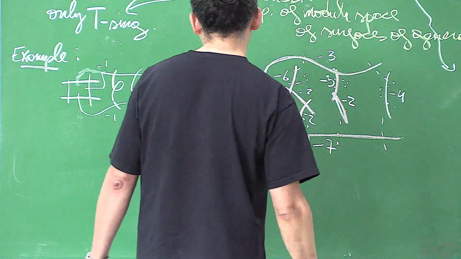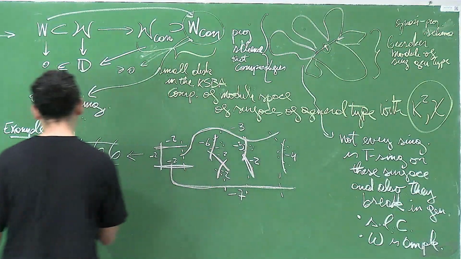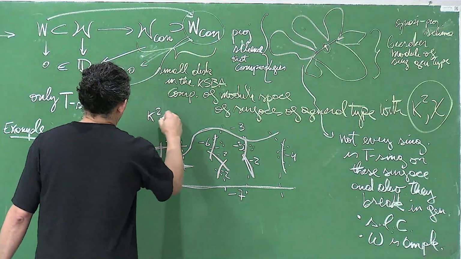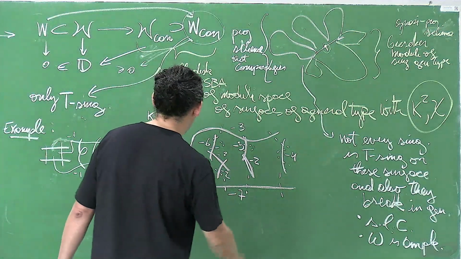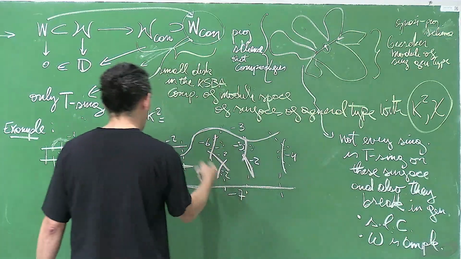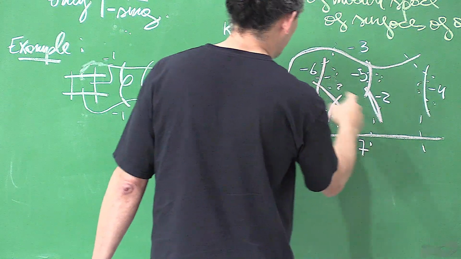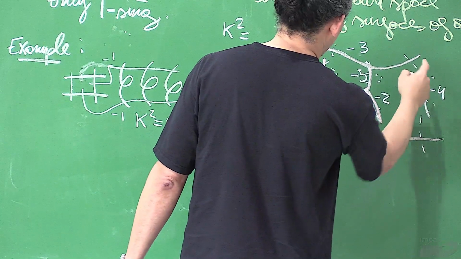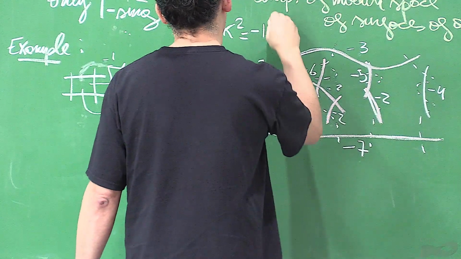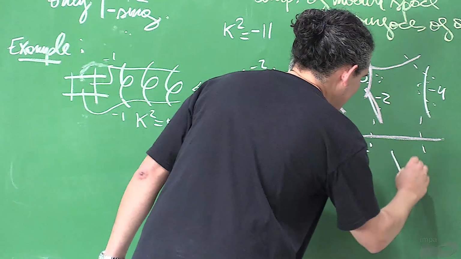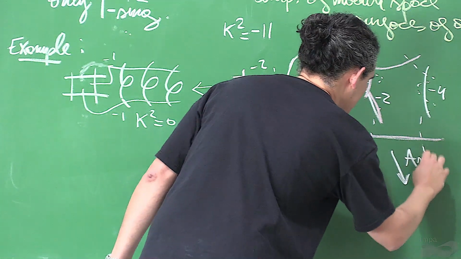And then I told you that K squared here is 0. K squared here is, now we need to see how many times I blew up: 1, 2, 3, 4, 5, 6, 7, 8, 9, 10, 11. And then to compute, you know, Artin, we go to a contraction.